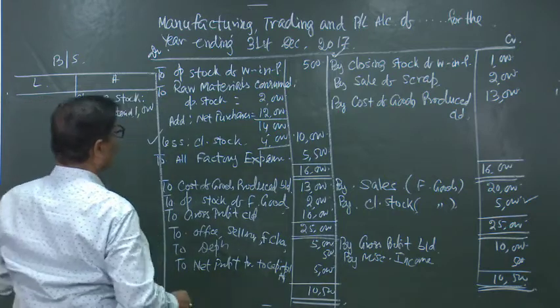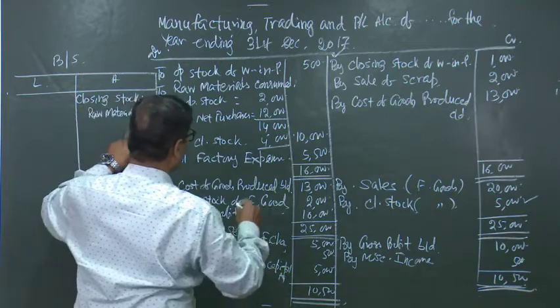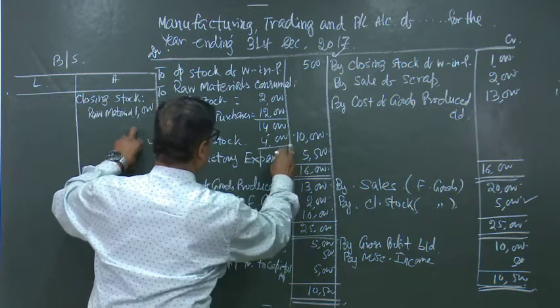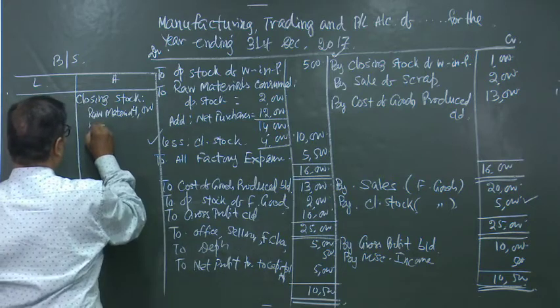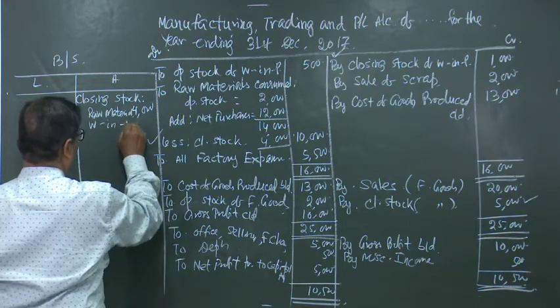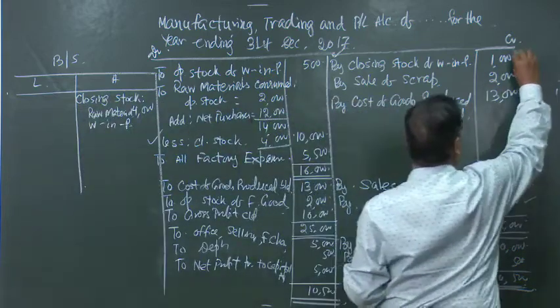Then closing stock of raw materials is 2000, closing stock of raw materials 4000, all right, 4000. Then closing stock of work in progress, that was 1000, closing stock of work in progress.